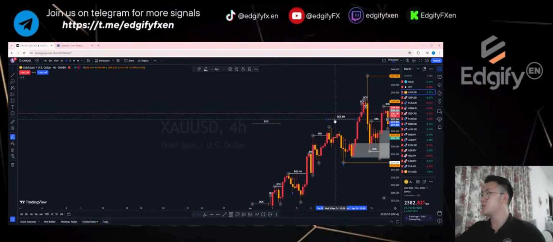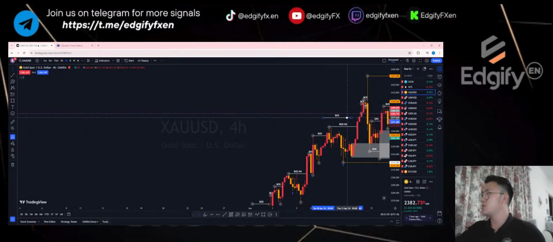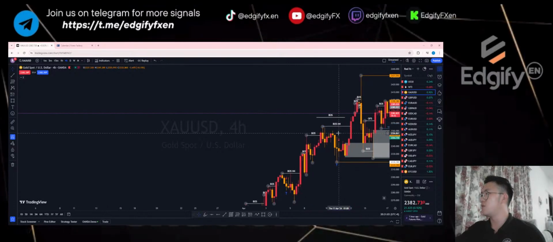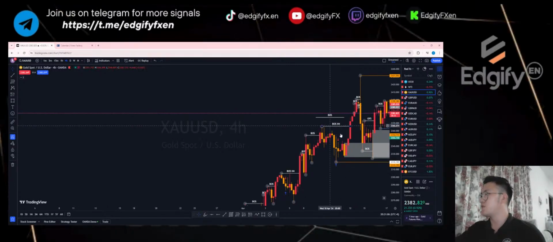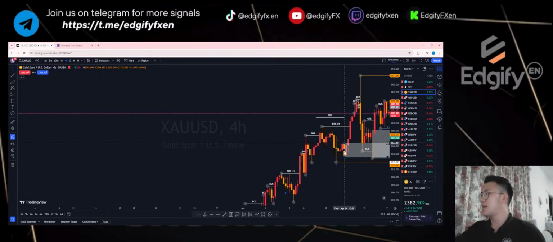I'll just remove this because these lines are the same. This one here indicates the 15-minute, this is the hour 4. So you see I have a BOS on the H4 here. So this is the last candle before the break.